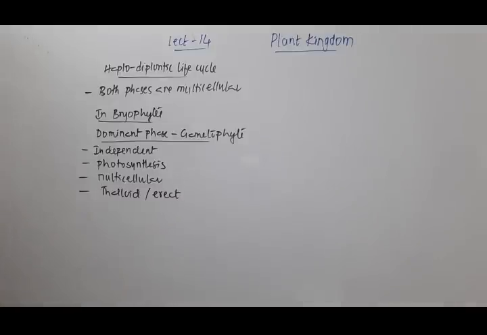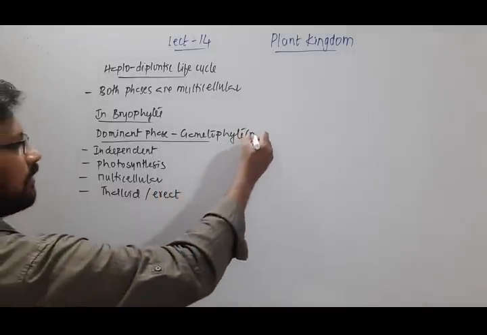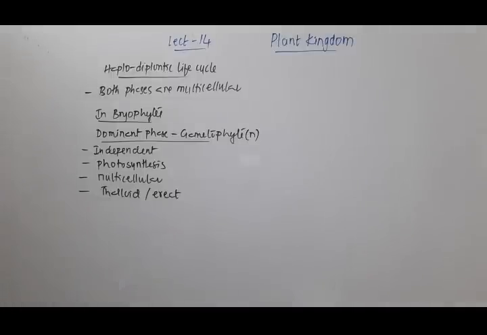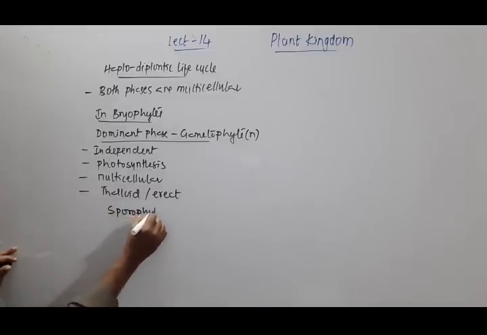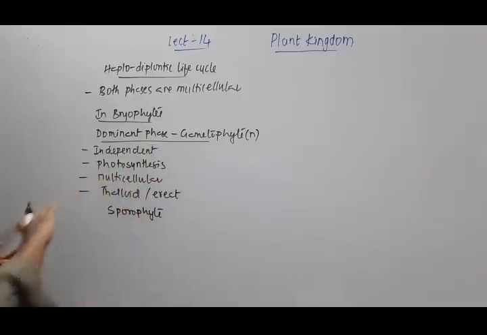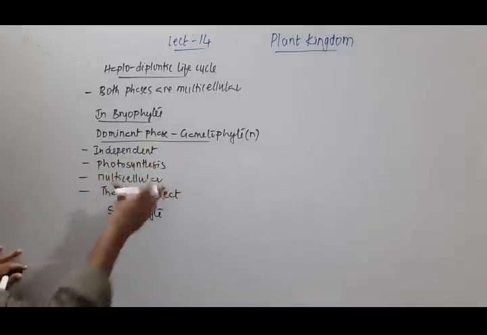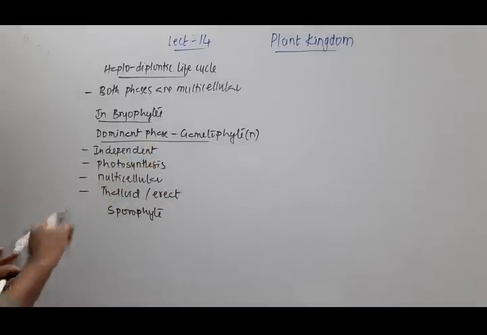So this is the gametophyte, the haploid phase in bryophytes. All bryophytes are examples of this. Coming to the next one, the sporophyte. We know that in any plant the gametophyte will give rise to the sporophyte, and the sporophyte will give rise to the gametophyte.